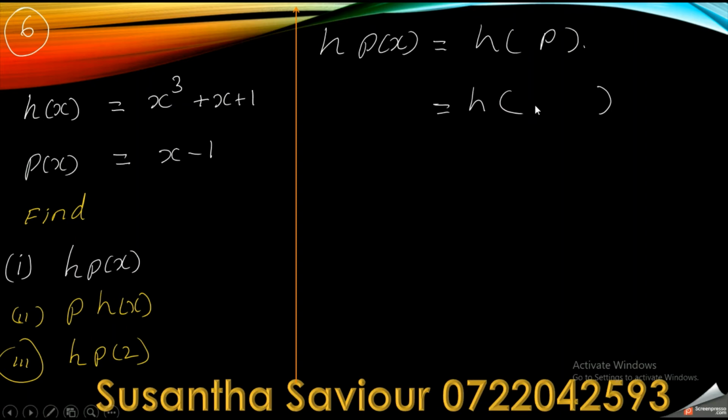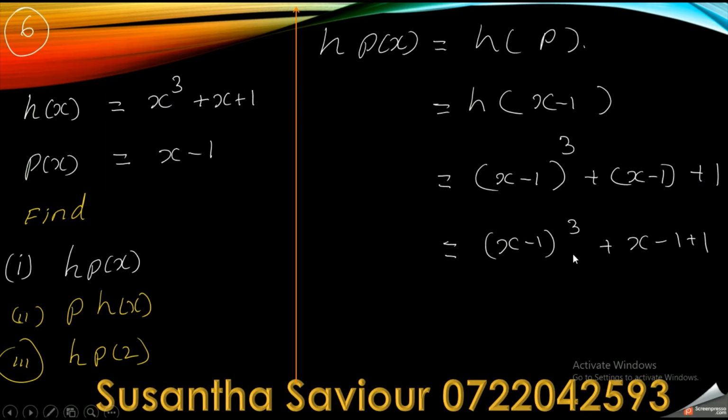So hp is x minus 1. So wherever you find x in h you apply x minus 1, then that will give you what? x cube plus x plus 1, that means (x minus 1) cube plus (x minus 1) plus 1, right?